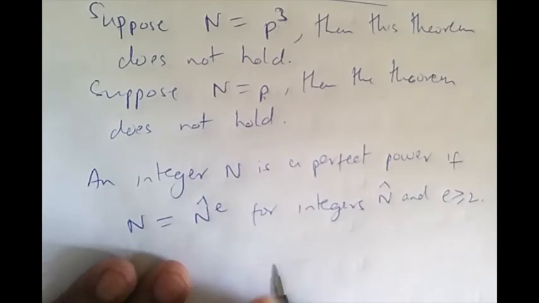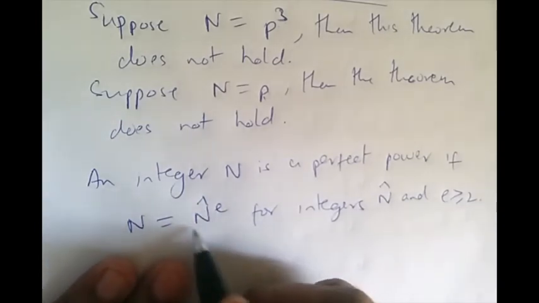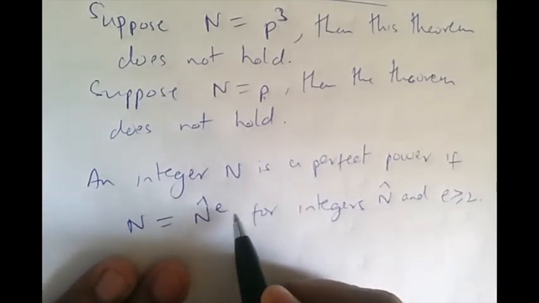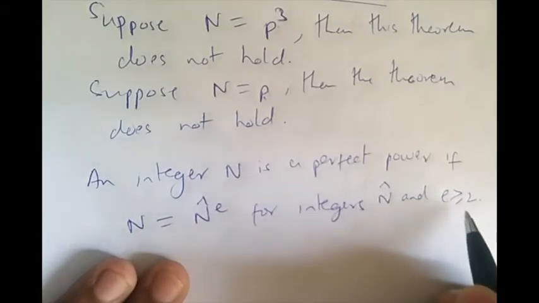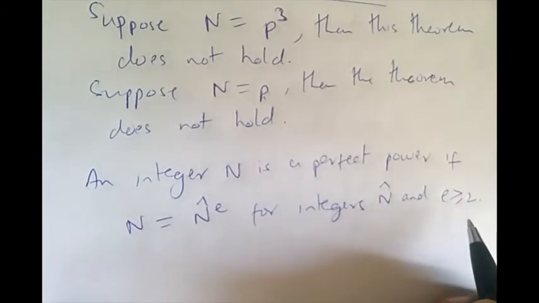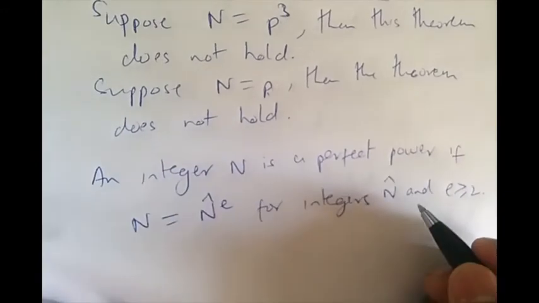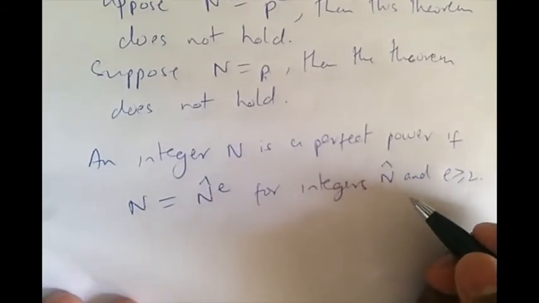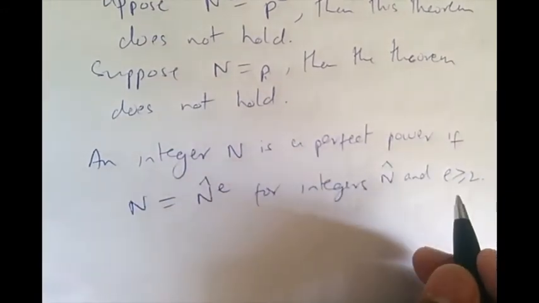The difference between prime power and this was that first of all the base was prime there, and the exponent was greater than or equal to 1. But here I want it to be greater than or equal to 2. So can I identify that an integer is a perfect power?